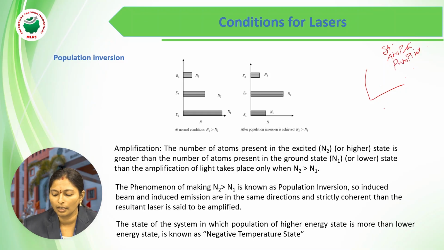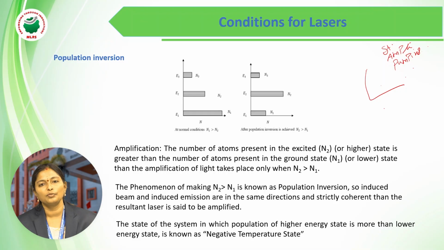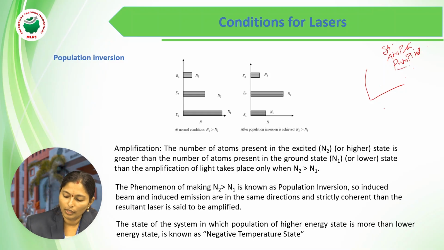Pumping is the main and important thing for getting the population inversion. What does pumping mean? We need some energy source to move the atoms from the ground level to other different levels, either the excited state or some other level. So pumping also plays an important role.